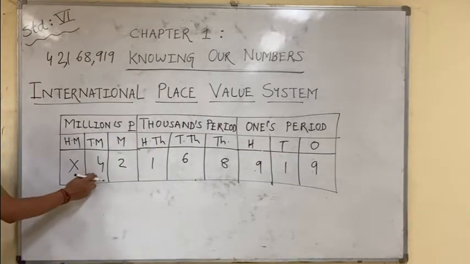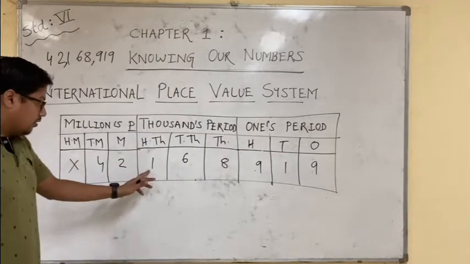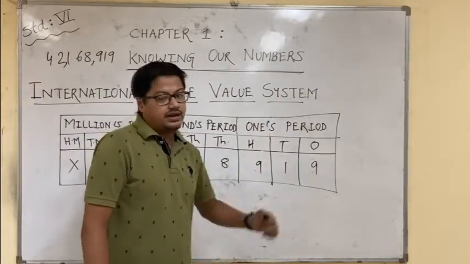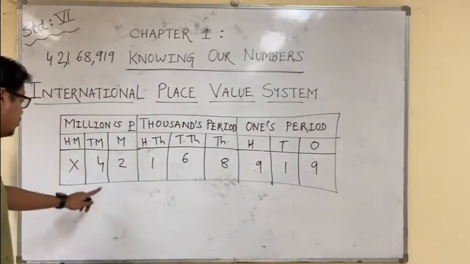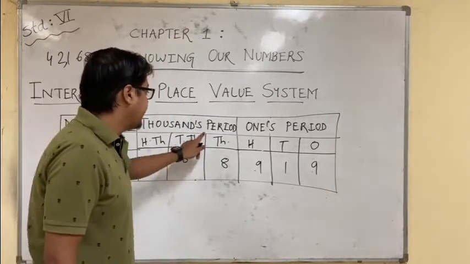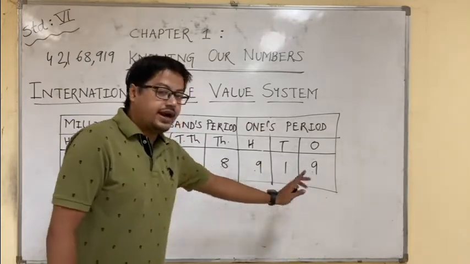Very simple. 42,168,919. I repeat once more, 42,168,919.